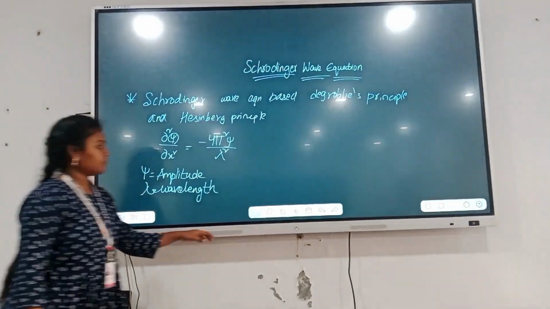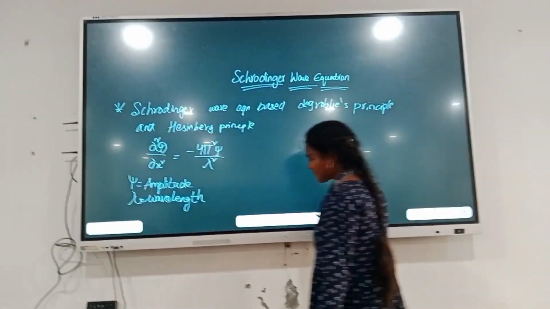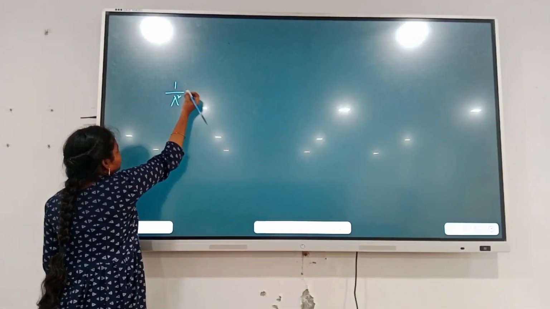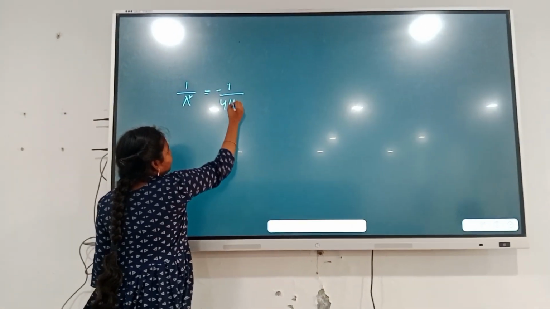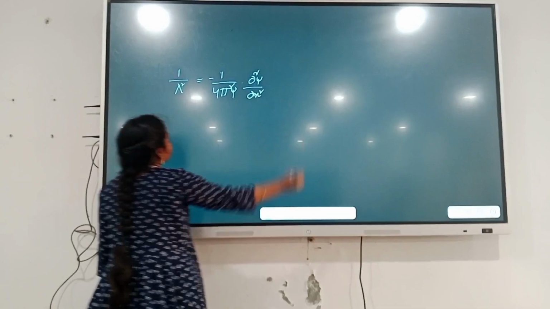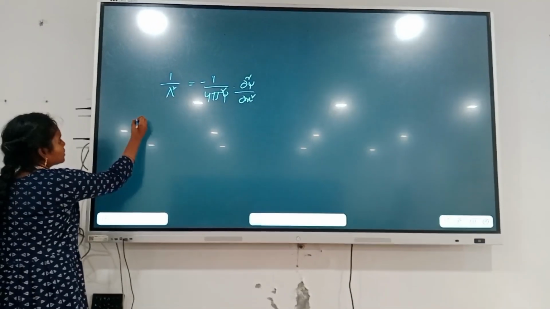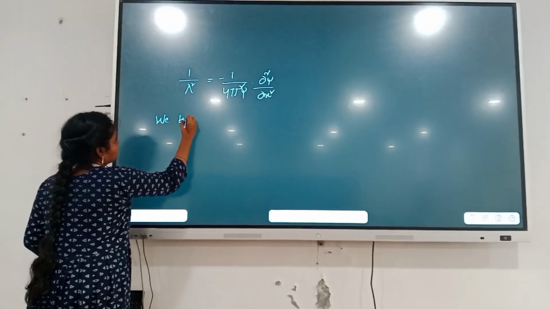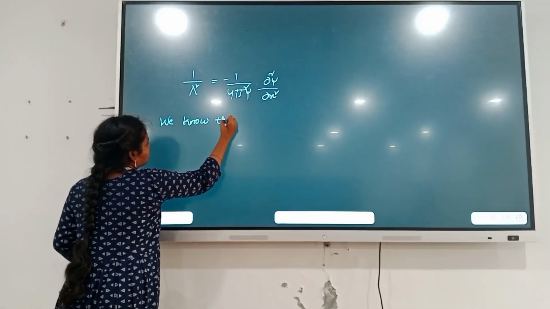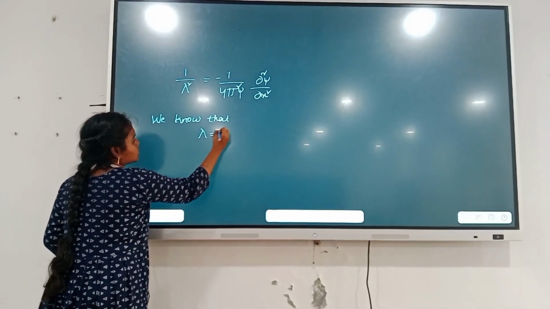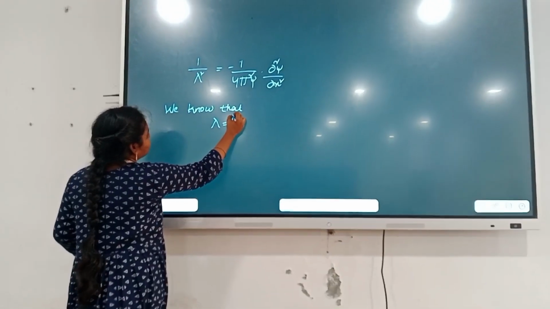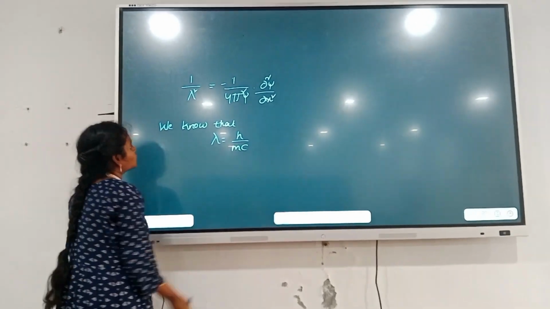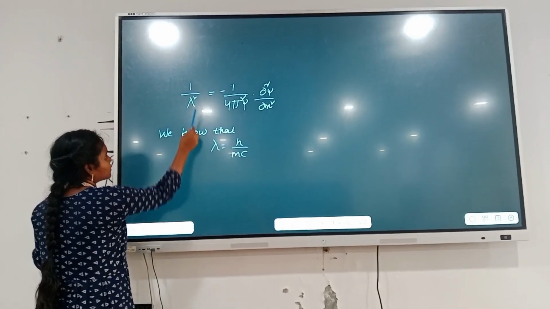Now we modify it, and we have the wave number. We already know that lambda is equal to h by mc. So now substitute lambda in this equation.